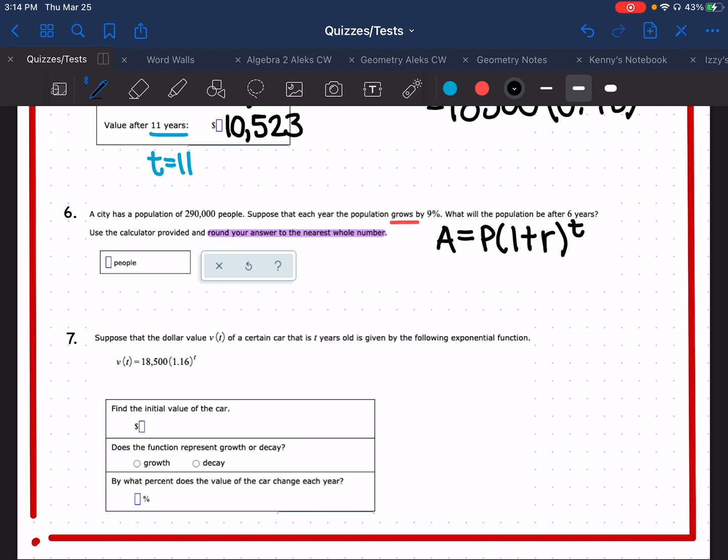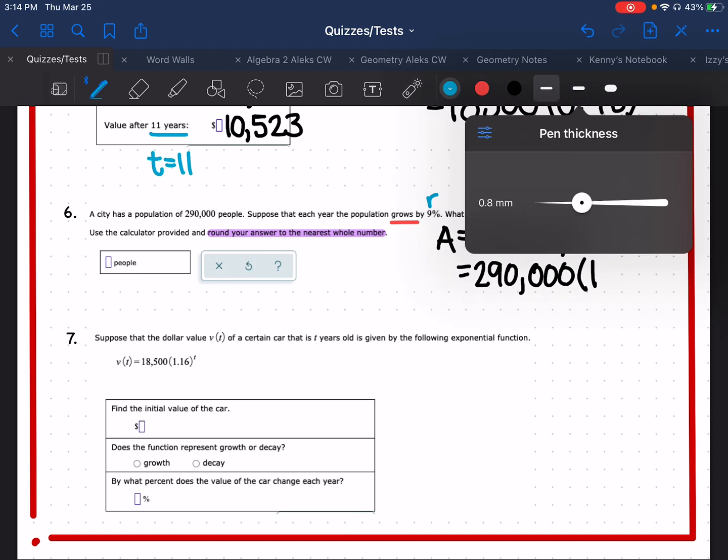All right, the initial amount would be the 290,000 people that we started with. My rate, remember, my rate is right here. But remember, I can't leave my rate as a percent. I have to change it to a decimal.